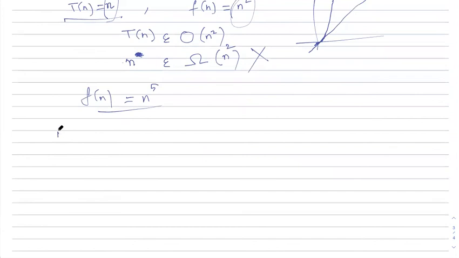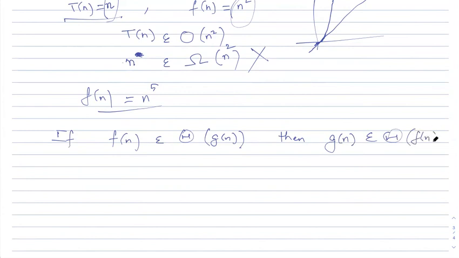So the point that we established is that if f of n is in big theta of g of n, then we can say g of n is in big theta of f of n.